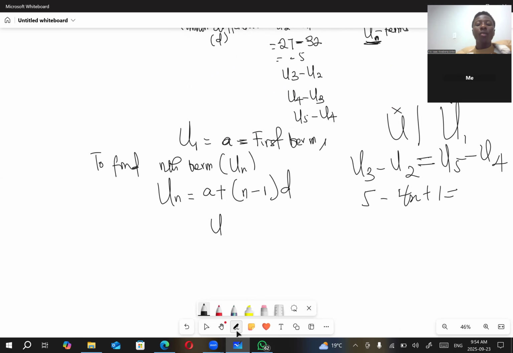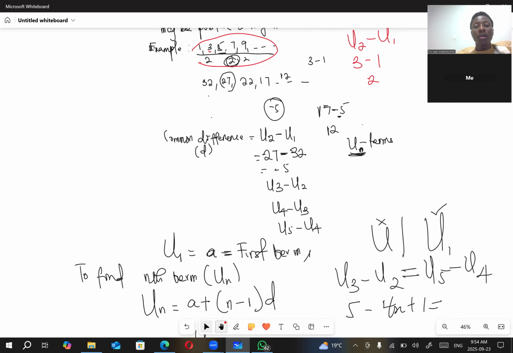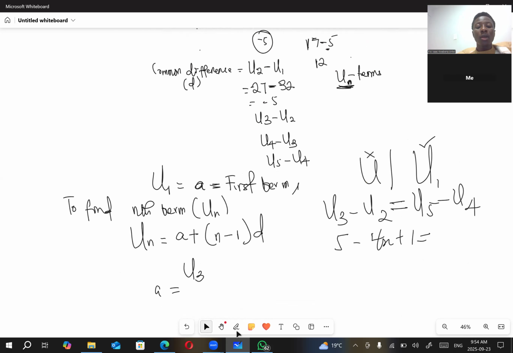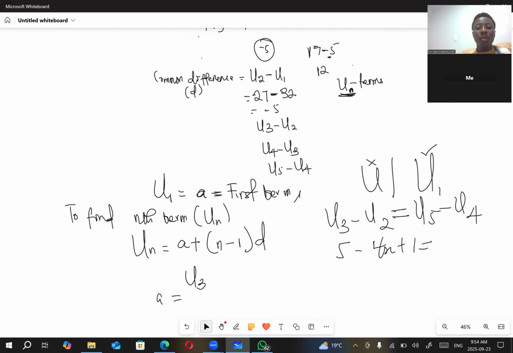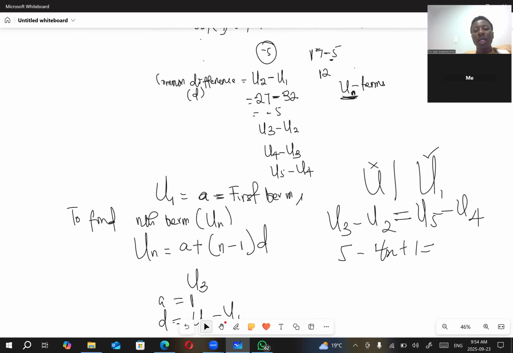U3. So A is equal to what? In that sequence, the first term was 1. Now, common difference. To find a common difference, it's second term, U2 minus U1, or anything you can think of, depending on the length of the sequence.